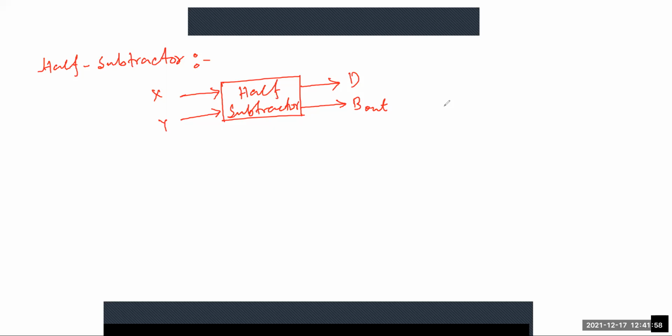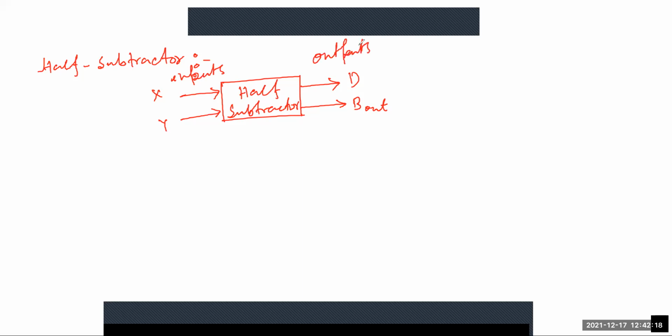Okay, so this is the logic symbol of the half subtractor circuit. This is also a combinational circuit which is used to perform the subtraction of 2 bits. Here you can see this is the input and this is the output section.